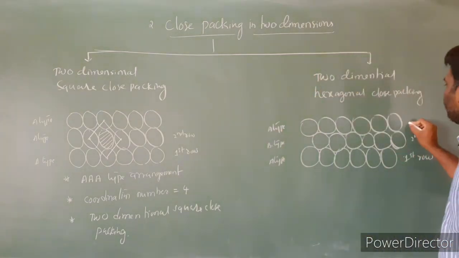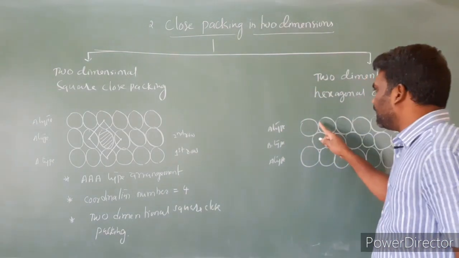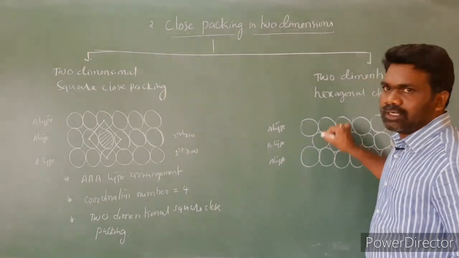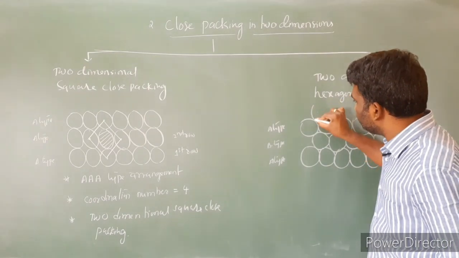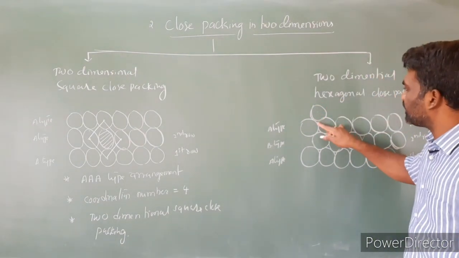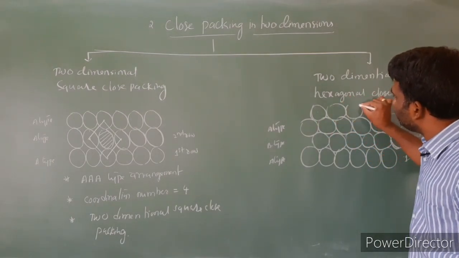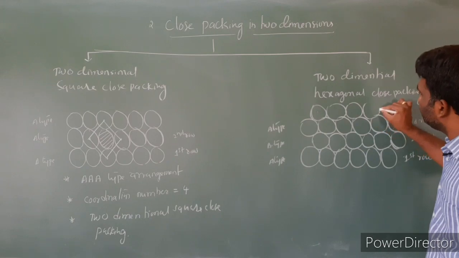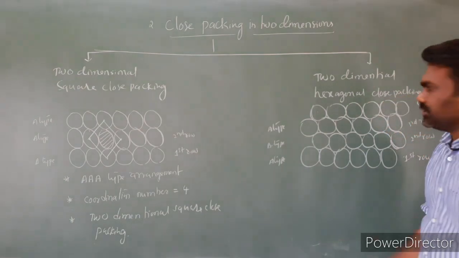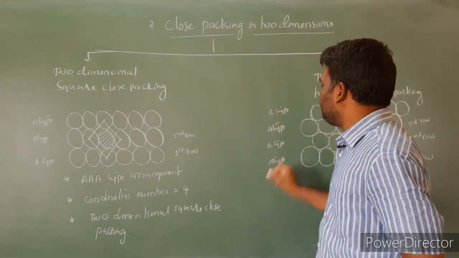And this is the third row. I am placing the fourth row in the depressions of the third row, which means the second row and fourth row are similar. So this is a B type arrangement.